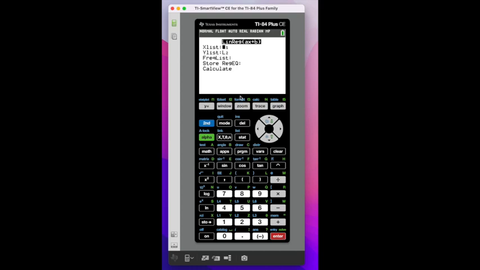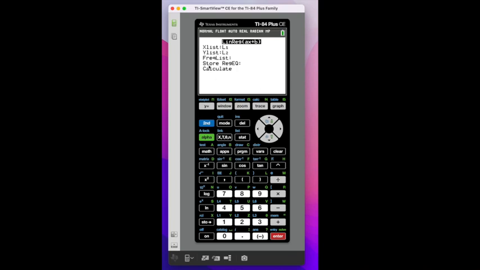Then I'm going to tell the calculator which list I have my X's in and which list I have my Y's in. So make sure that you have those in there. If you forget where to access your list buttons, it's above your 1 and your 2. So you'll have to hit the second button first.